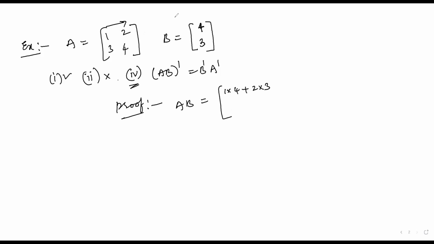This entire row we multiply with the entire column. Then the next second row: 3 into 4 plus 4 into 3, which is 12 plus 12, 24. And 4 plus 6, 10.